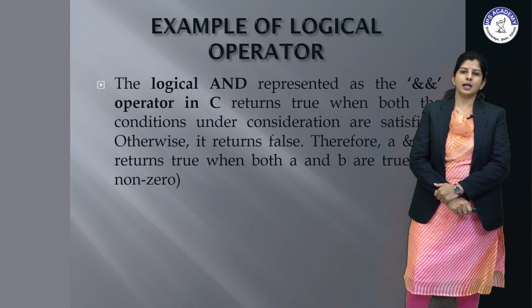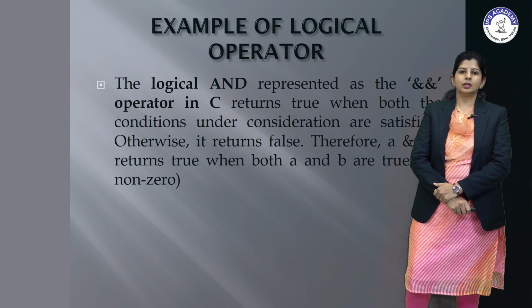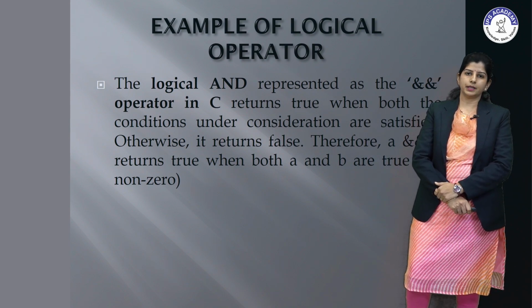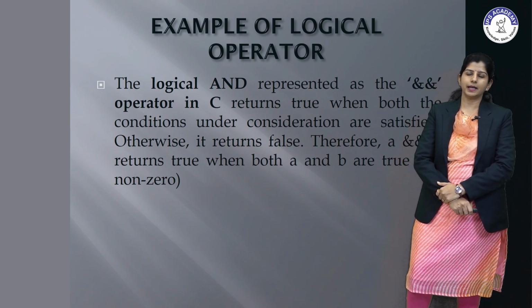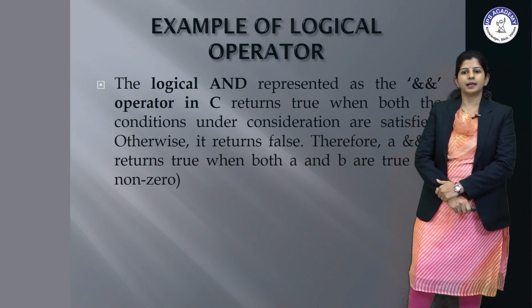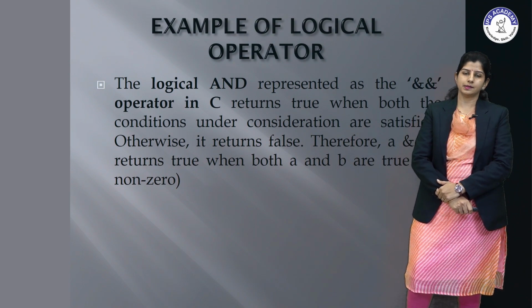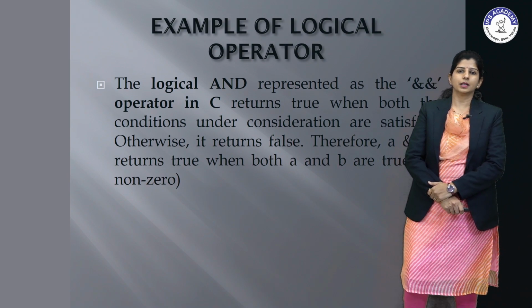There are three types of logical operators that we use in our C programming as our requirement at different times. First is the logical AND, represented as the double ampersand operator (&&). This is a symbol that we find on our keyboard.